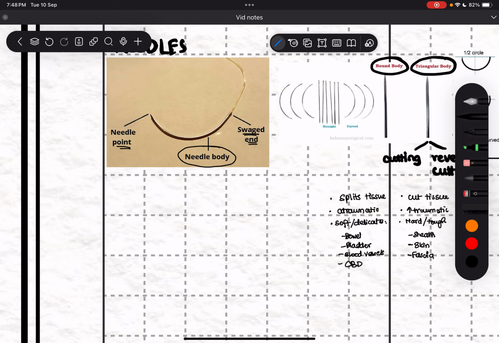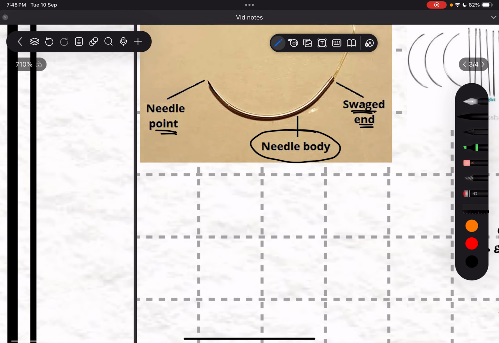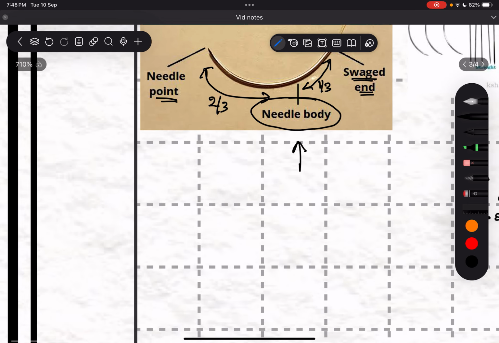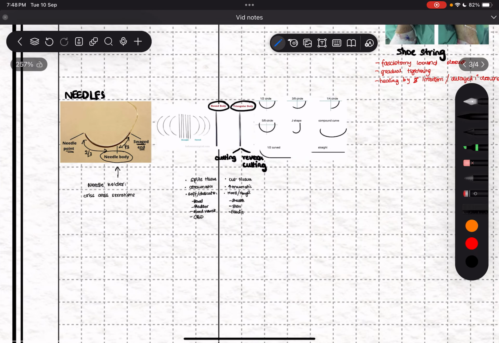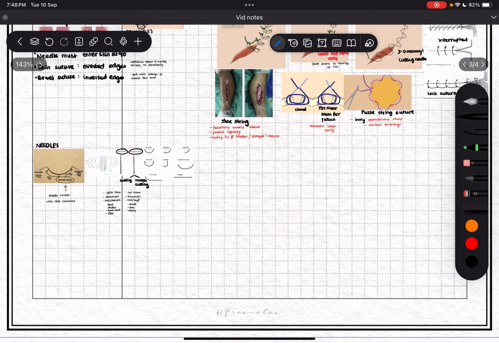The needle holder is held 1/3 from the swaged end and 2/3 from the point.